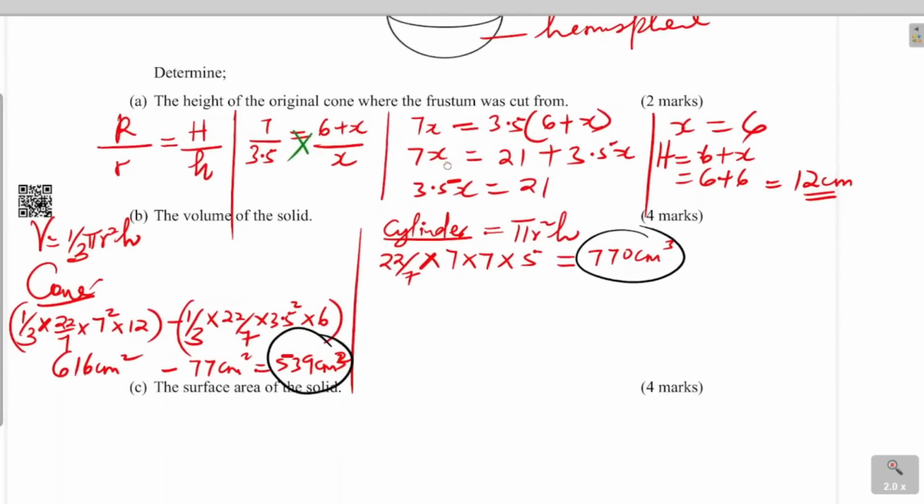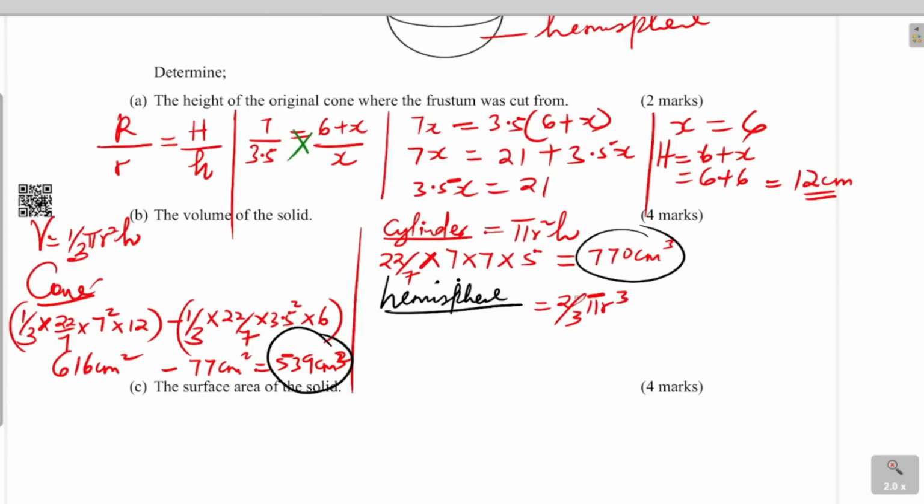The hemisphere is the next. So for the hemisphere, how do you get the volume of a hemisphere? The volume of a sphere is given by 4 over 3 pi r cubed. So if you multiply that by half, because it is a hemisphere, you'll get 2/3 pi r cubed.